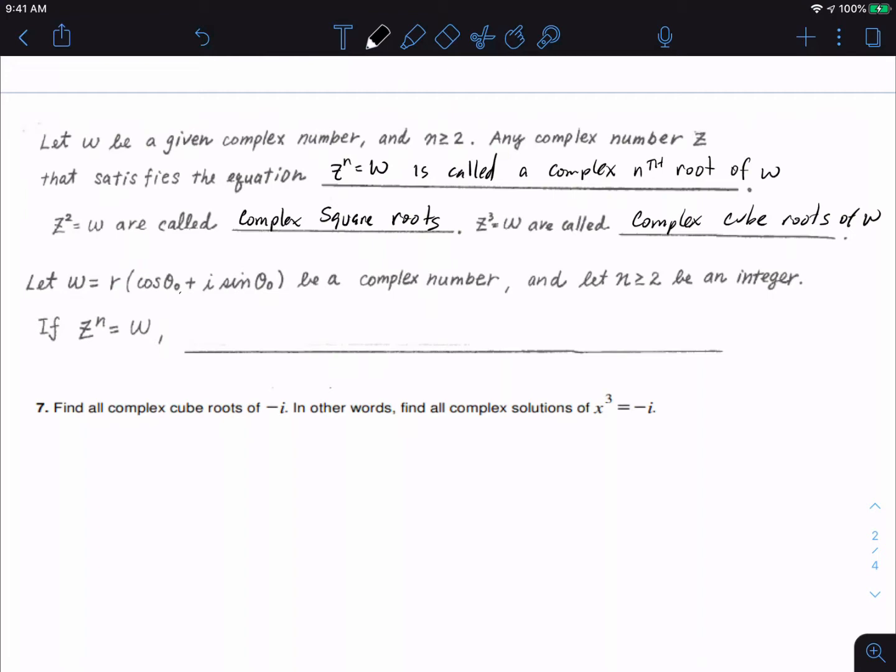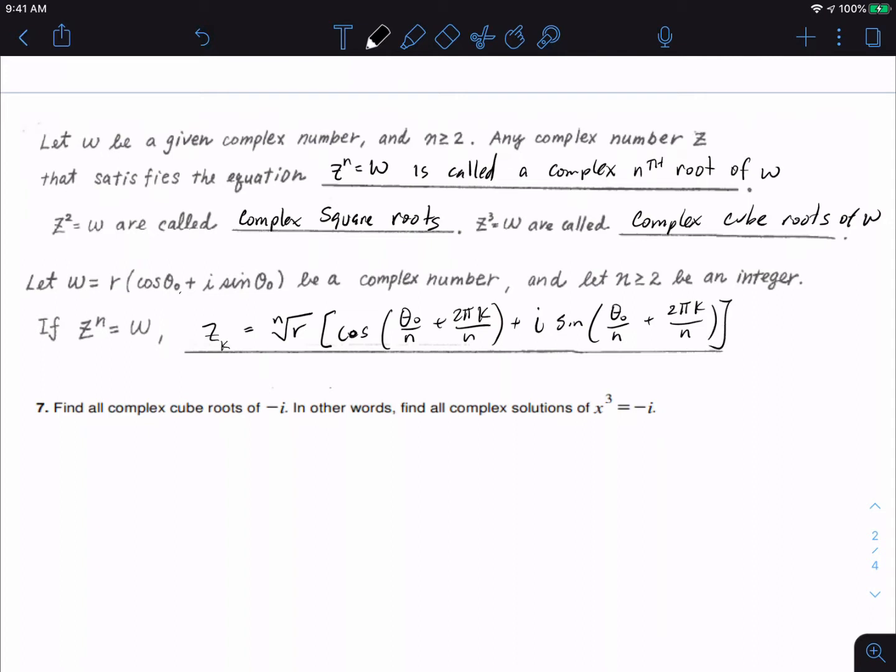We're going to get z sub k, so that's going to be the number of solutions, equal to the nth root of r times cosine of theta naught divided by n plus 2 pi k divided by n, plus i sine of theta naught over n plus 2 pi k over n.